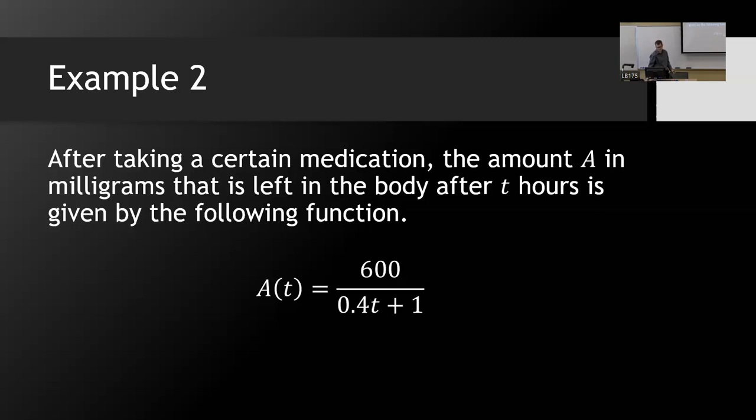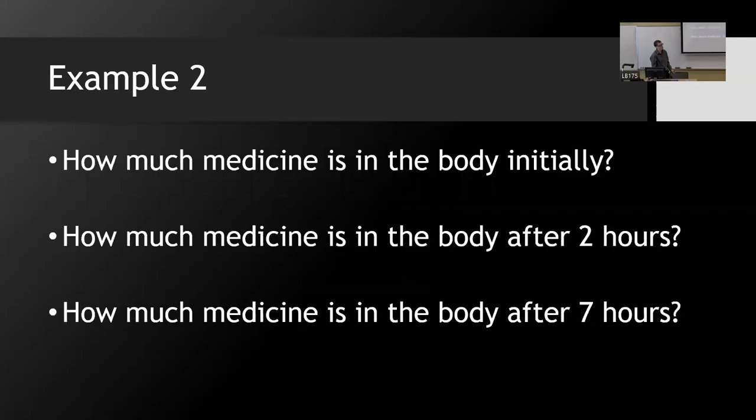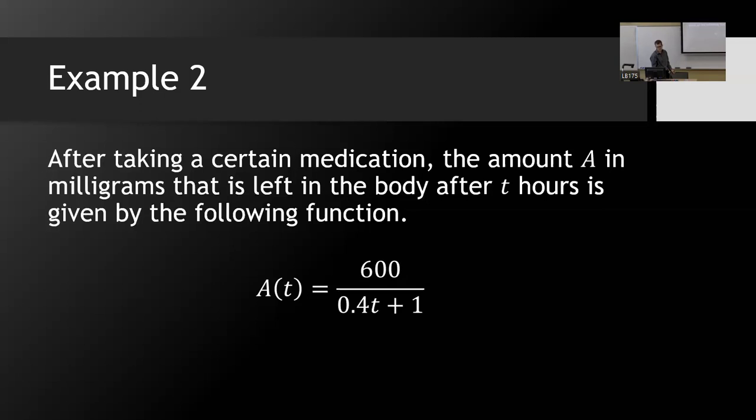And then we could ask questions like, how much is in the body initially? How much is after 2 hours? How much is after 7 hours? Things like that. I won't do those calculations. If you want to do those on your own, all you're doing is initially plugging in T of 0. After 4 hours, you're plugging in T of 4. After 7 hours, you're plugging in T of 7.